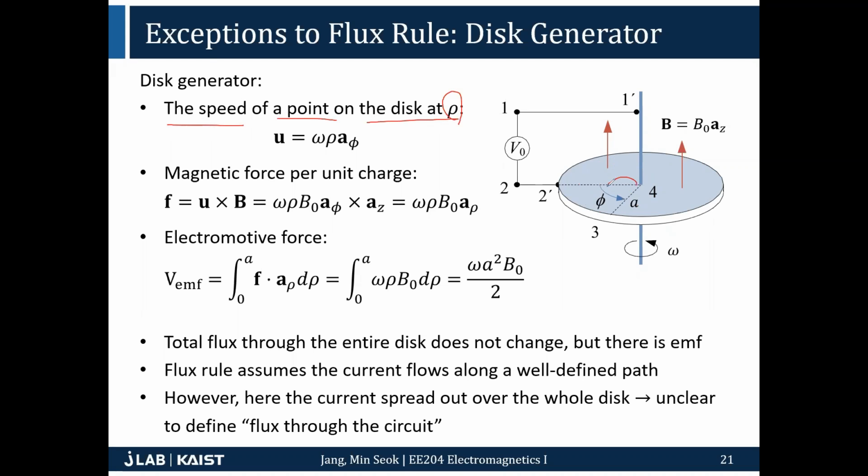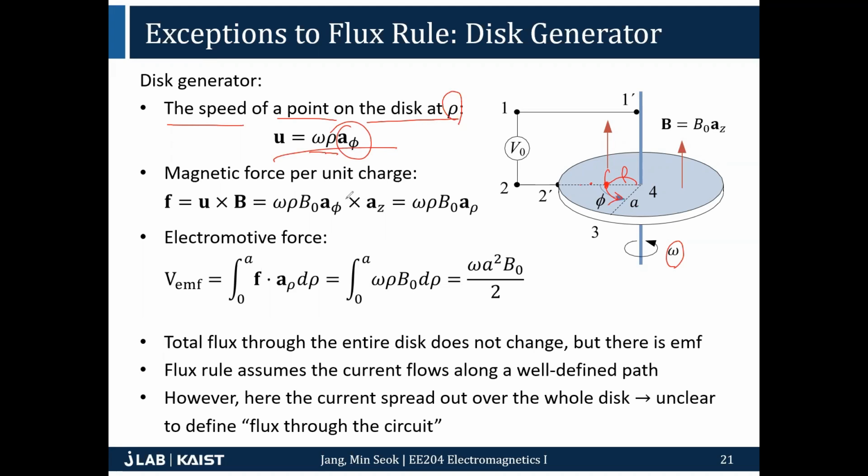If this is rho, then the speed of this point on the disk is omega rho a_phi, right? That's what we know. Because angular velocity is given, each point on the disk has a velocity like this along the phi direction.